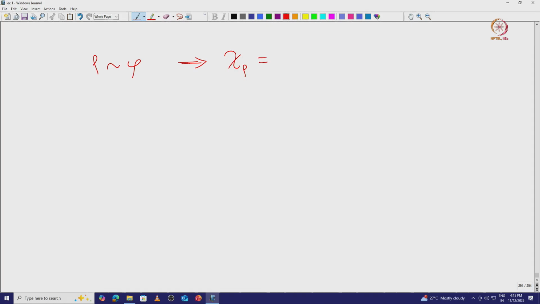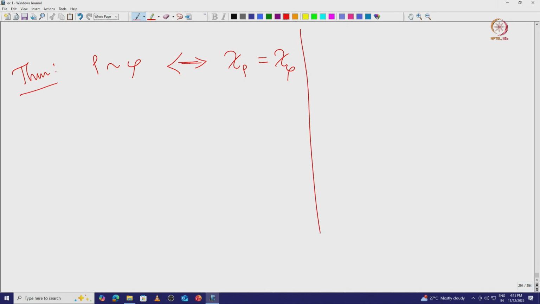The character of rho and the character of phi are going to be the same. But what we want to prove now is that the converse is also true: whenever the characters are the same, then the corresponding representations must be equivalent. So, this is again a very important observation. So, how can we prove this?